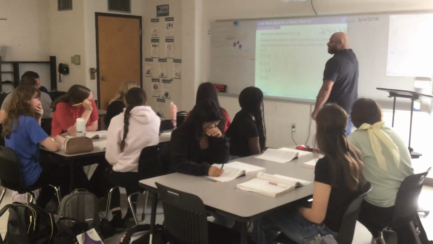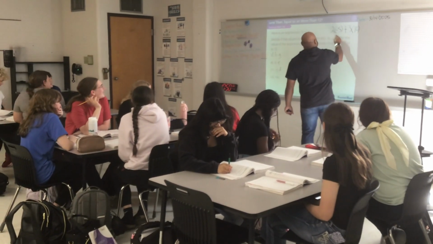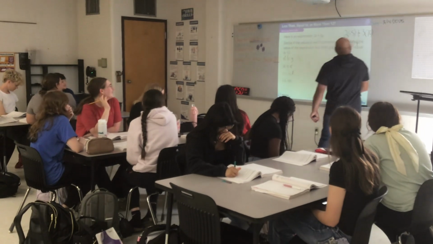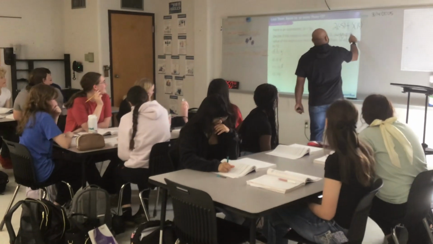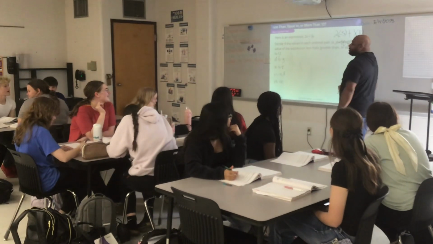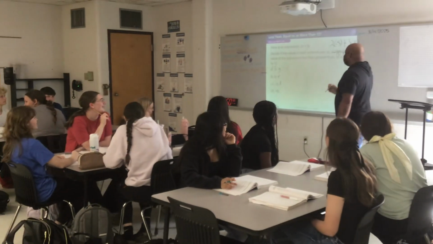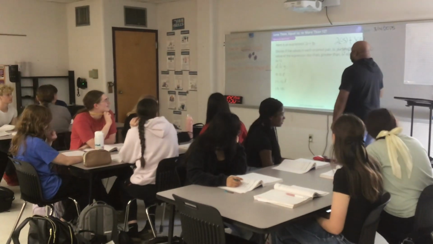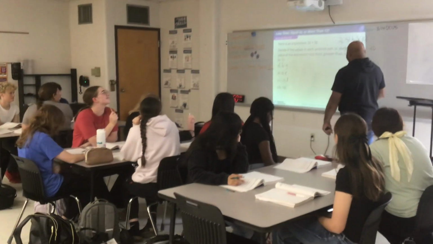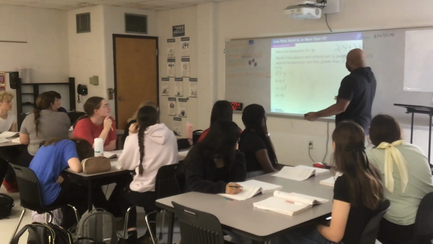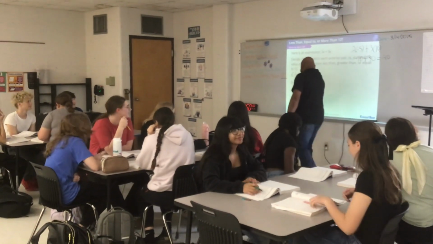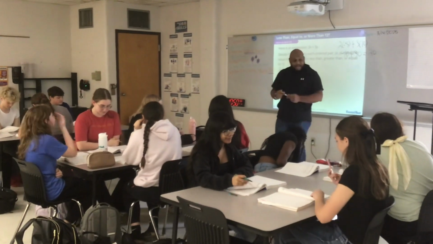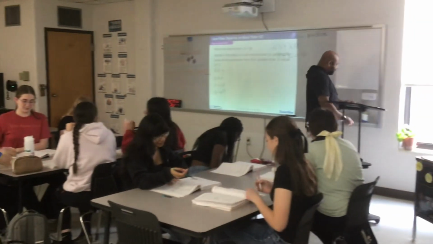All right, 2 times -5 is -10, plus 30. What's our answer? -10 plus 30 gives us 20. So a positive 20, so what does that mean? Greater than. Great job, guys. Let's go to our next exercise.